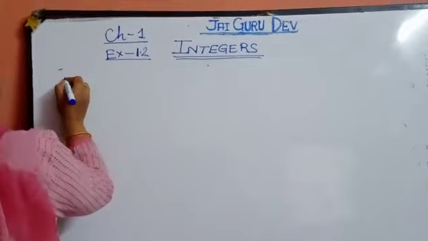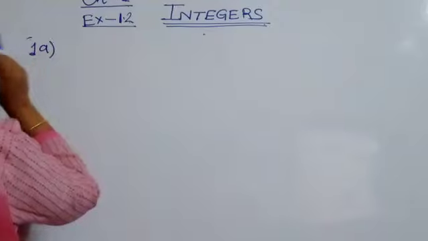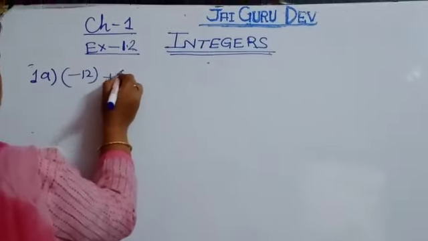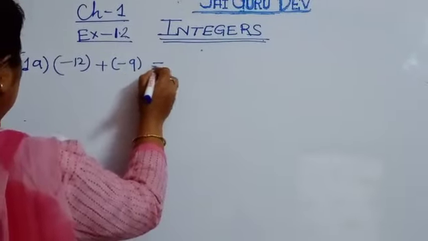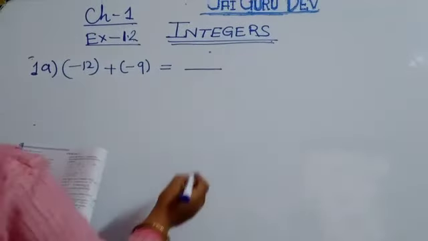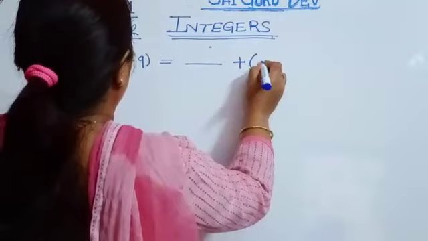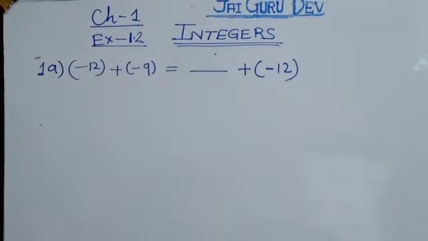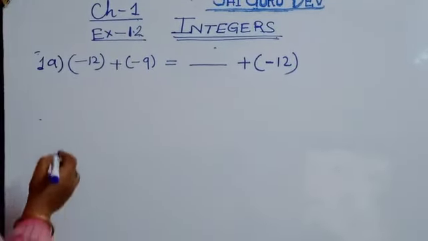A part of question number first is: minus 12 plus minus 9 is equal to dash plus minus 12. You have learned the commutative property. What was it?